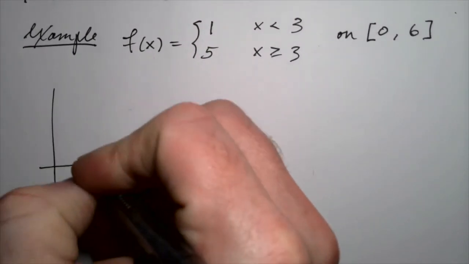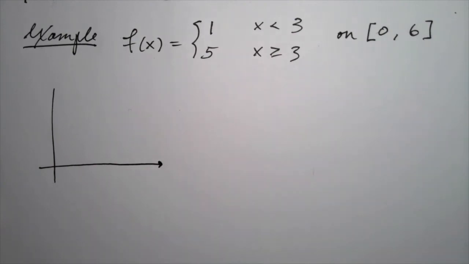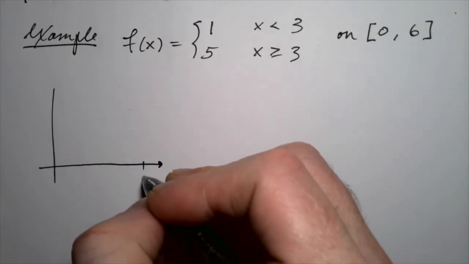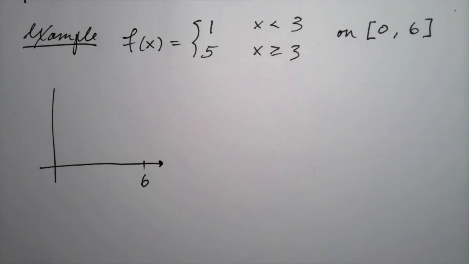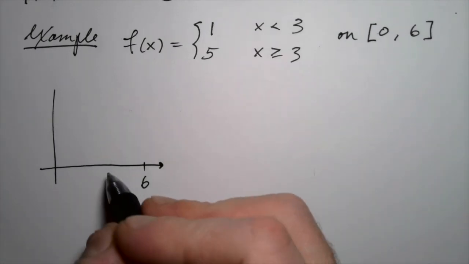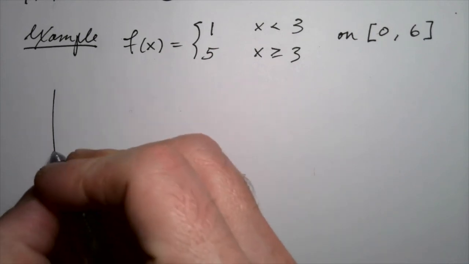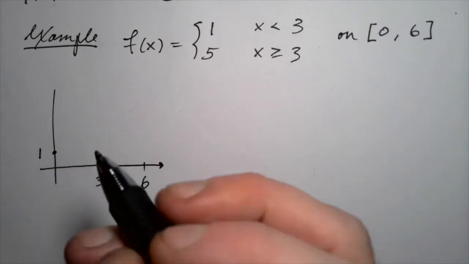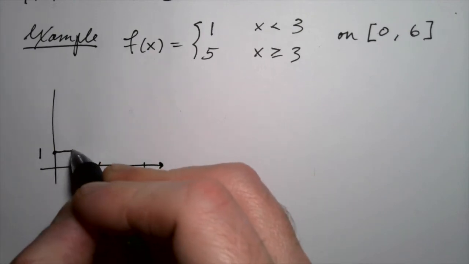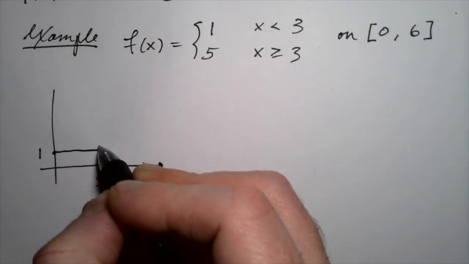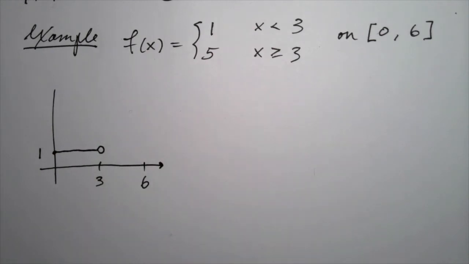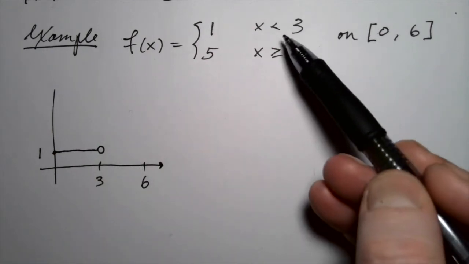What does this function look like? Well, I'll only draw it from 0 to 6. That's all we care about if we're applying the mean value theorem on this interval. For x values up to 3, it's constant at 1. So if that point has height 1 along the y-axis, f of x is 1, it's cruising along, and then it doesn't quite make it all the way to x equals 3, right?